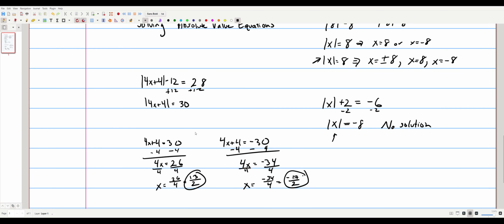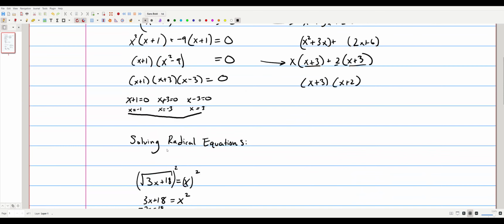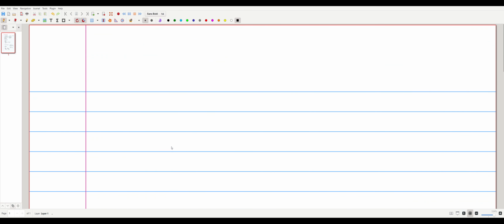All right, and then we have one more type of equation that we need to cover. Scroll to the top. And so this is called a rational equation leading to a quadratic.